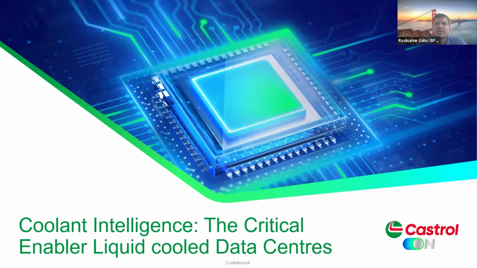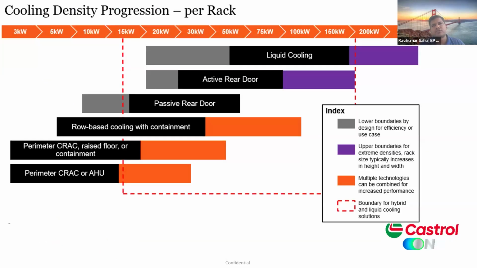The third thing is cooling, which is our topic. Earlier, air cooling was dominant. With AI data centers, power densities increase so much that it is not possible for air to cool. That is why we have to shift to liquid cooling.